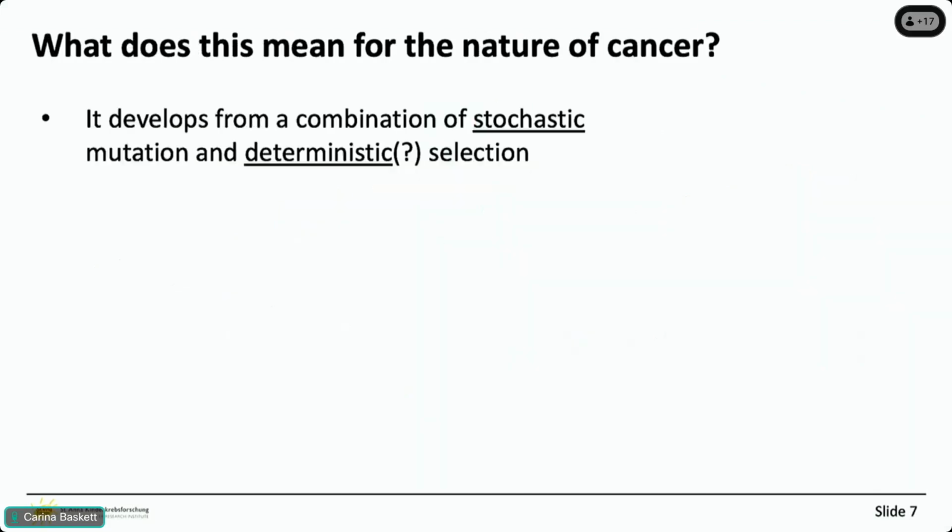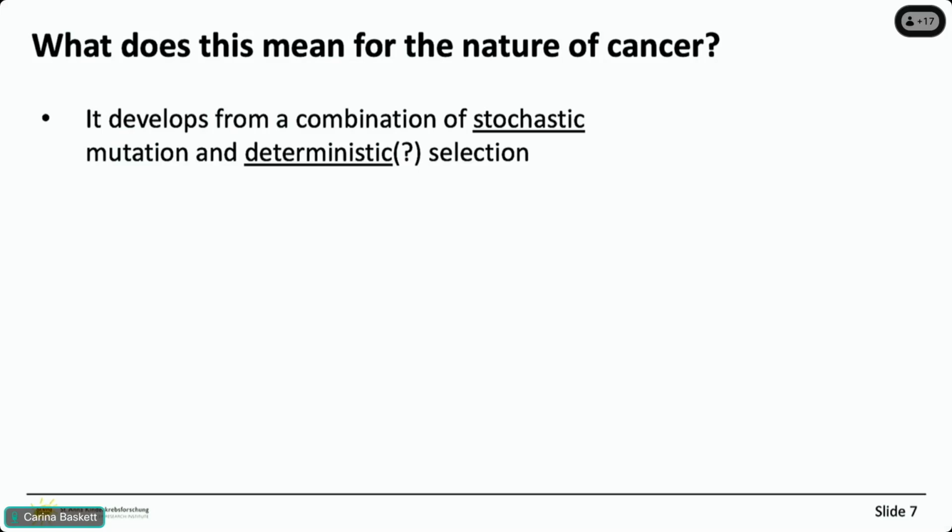So what does this mean for the nature of cancer? I think this is really important, and something we're appreciating more and more is that it really evolves through this stochastic process of mutational accumulation, and maybe something like a deterministic process of selection, where if you have a certain gene that's selected in a certain cell type in a certain context, maybe it always has a certain fitness effect, although our evidence for this is actually probably somewhat lacking.